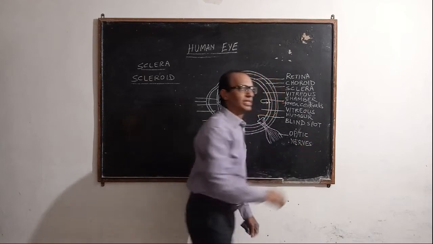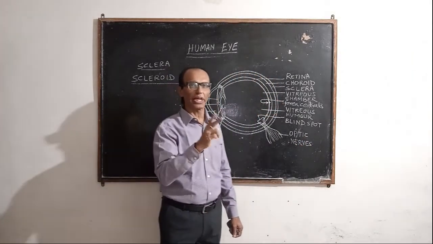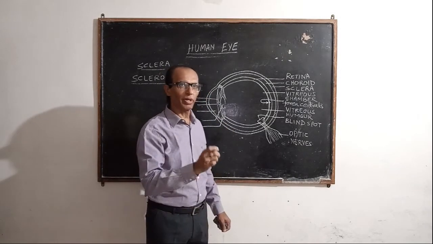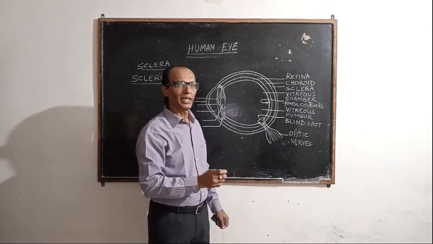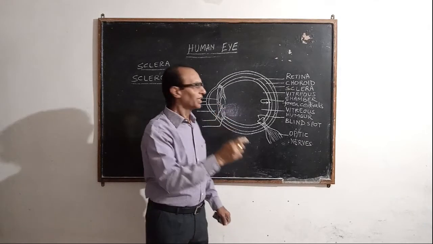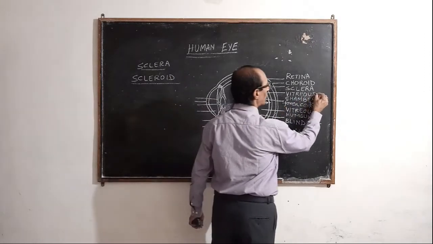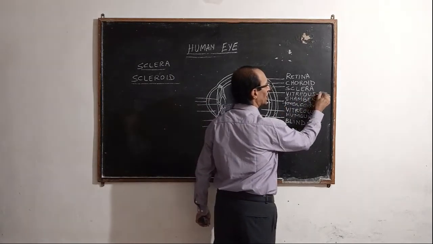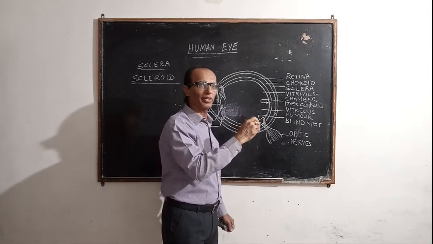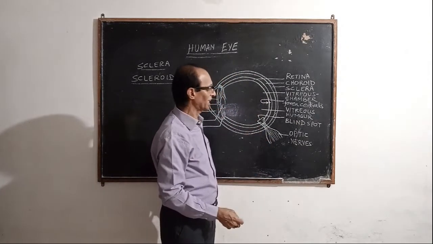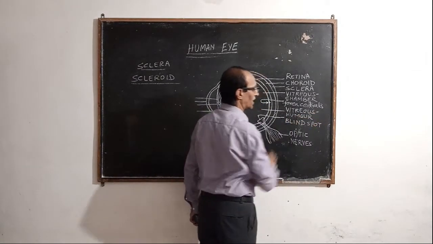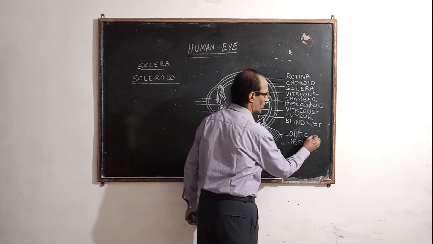Some of the labels I have written in 2 lines. We should be careful about this: when a particular word is written in 2 lines, the first part should end with a small hyphen to indicate that the rest of the word is in the next line. Similarly, here vitreous humor gets that hyphen, as well as optic nerves.